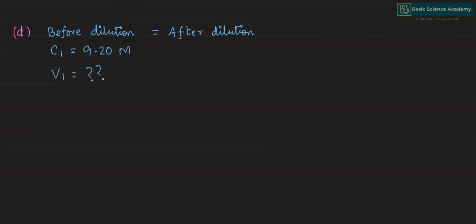And after dilution, after adding water, we get C2 equals 1.000 M HClO4 solution, and volume V2 equals 1.000 liter.